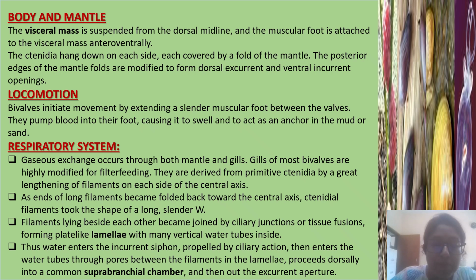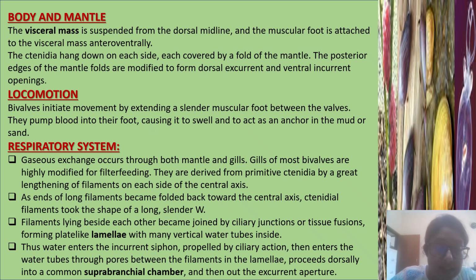They are derived from primitive ctenidia by a great lengthening of filaments on each side of the central axis. As ends of long filaments became folded back toward the central axis, ctenidial filaments took the shape of a long slender W. Next, filaments lying beside each other became joined by ciliary junctions or tissue fusions, forming a plate-like lamella with many vertical water tubes inside.